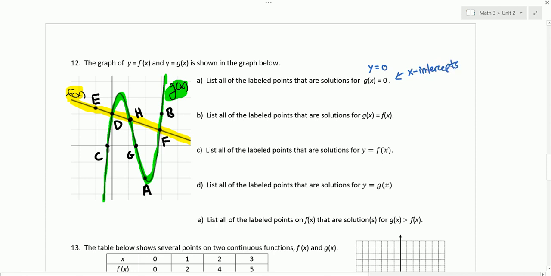Well, g of x crosses the x-axis at point C, point G, and there's another point that is not labeled on there. Let's label it point I.